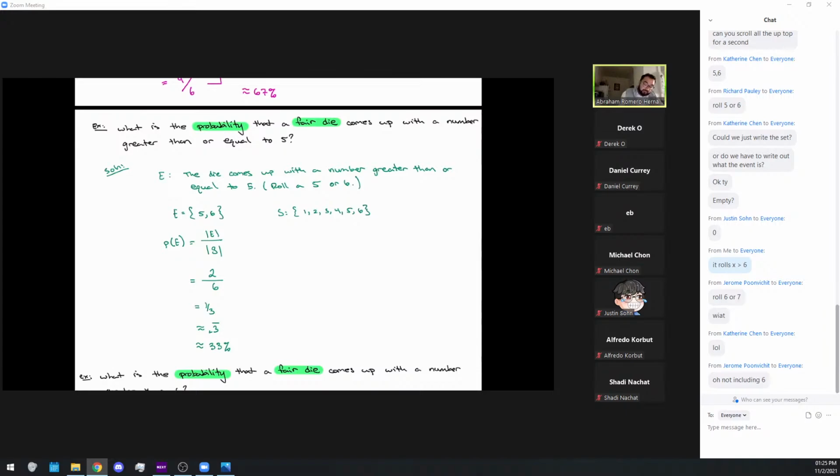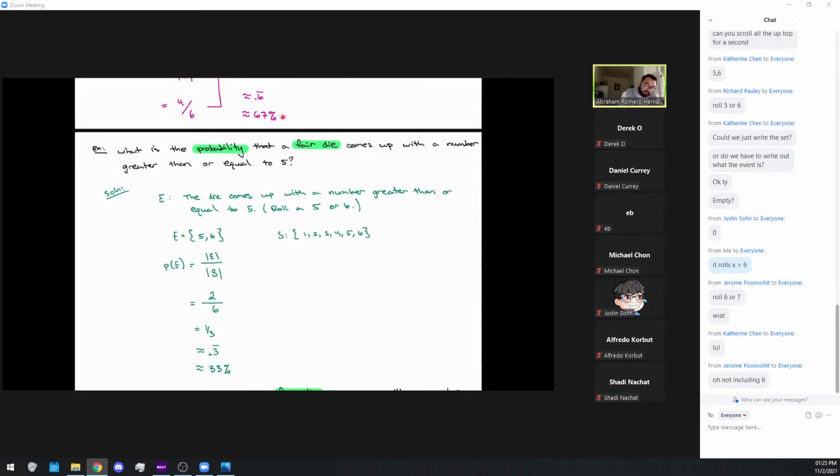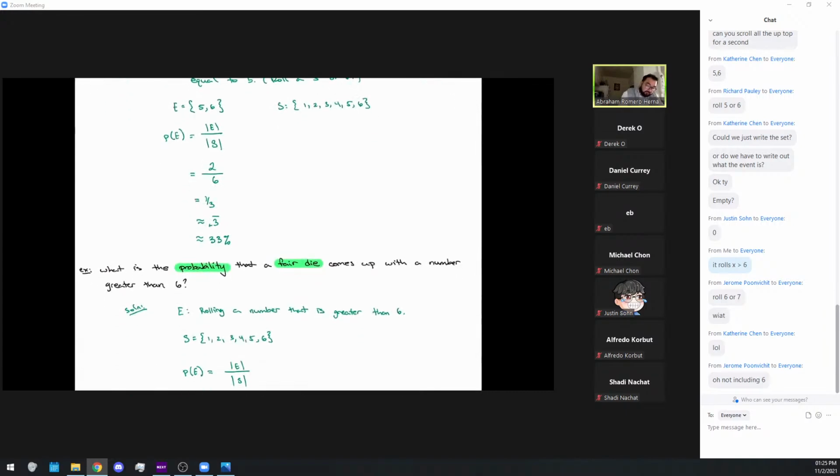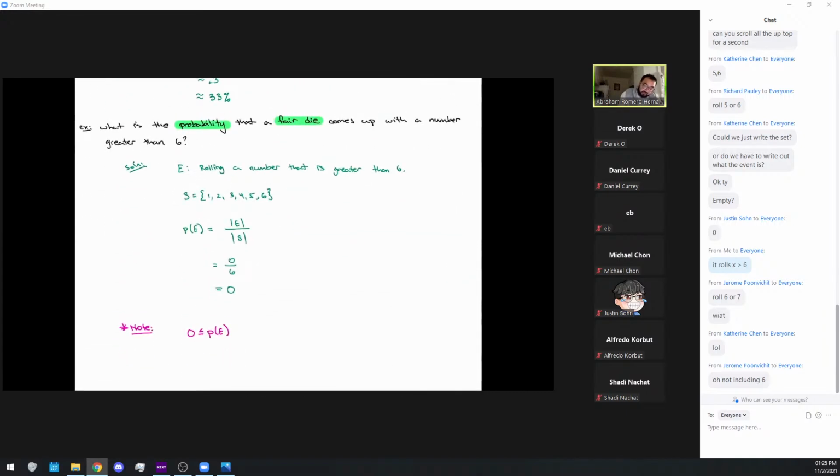So notice that if I add these two numbers, 2/3 plus 1/3, I get 3 over 3, which is equal to 1. What I'm trying to get at is that the maximum a probability can be is always 1. So the probability of an event must be between 0 and 1.